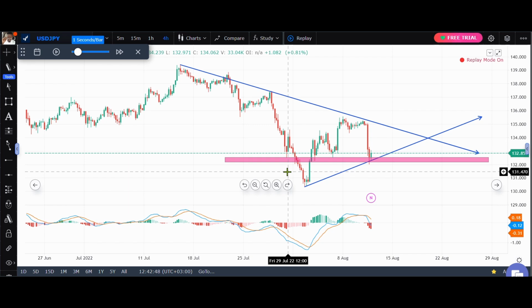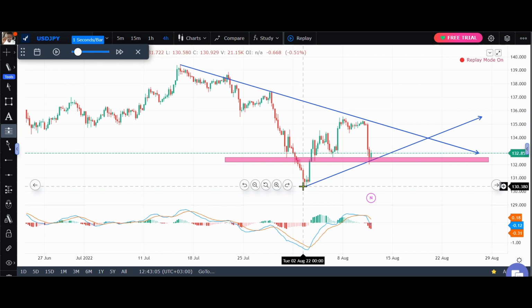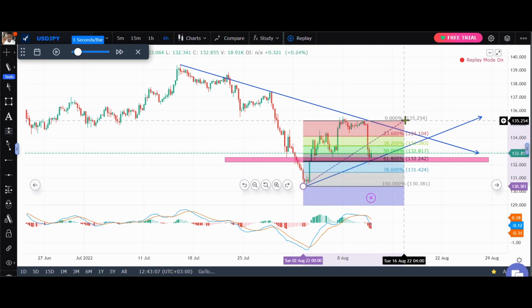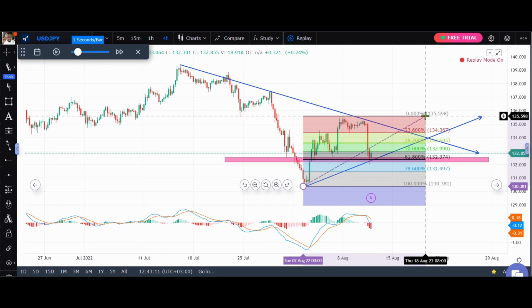To add the Fib, we need to identify the significant swing high and swing low. And we shall be focusing on the magical area, which is 61.8. Nice.